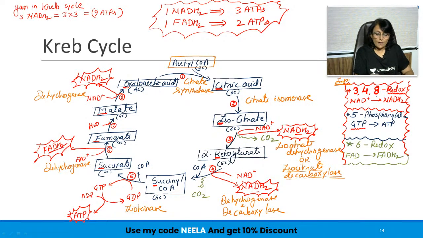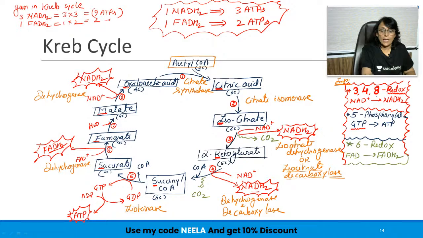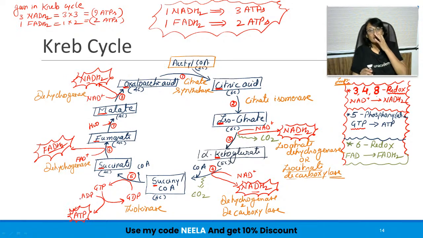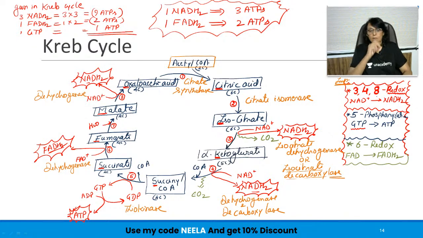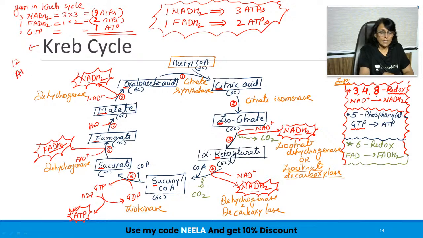Then we got 1 FADH2, and we know 1 FADH2 is worth 2 ATPs, so we will get 2 ATPs later on. And let us not forget this ATP. We got 1 GTP, which is going to give us 1 ATP. So 9, 10, 11 and 12. One Krebs cycle gives us 12 ATPs.